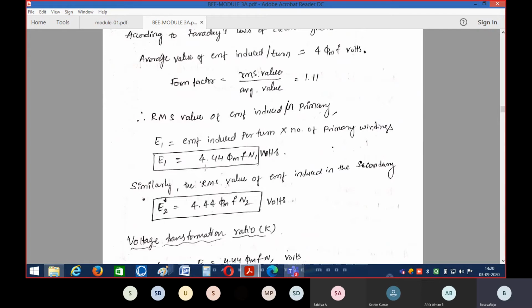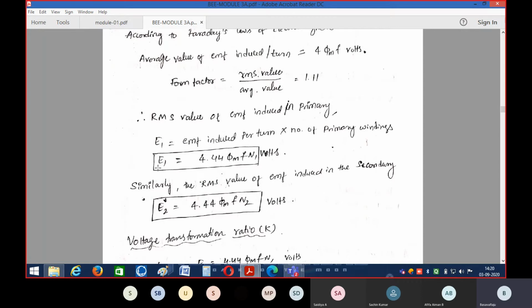E1 is equal to 4.44 phi maximum F into N1. Here E1 is the amount of induced voltage in the primary winding, phi m represents the flux, already shown in the schematic diagram, and F represents the supply frequency. Okay, and N1, as we already know, represents the number of turns of the primary winding.